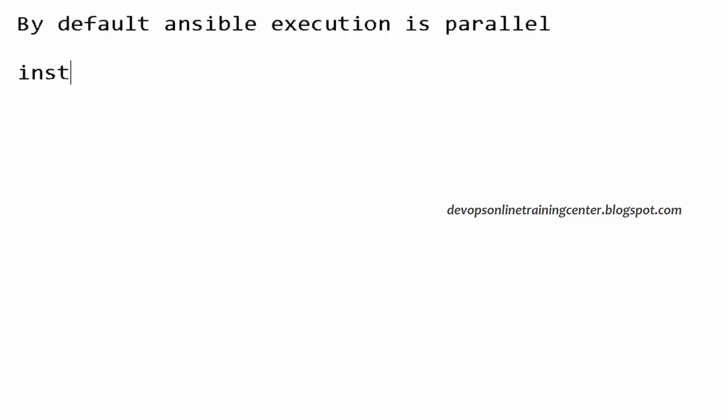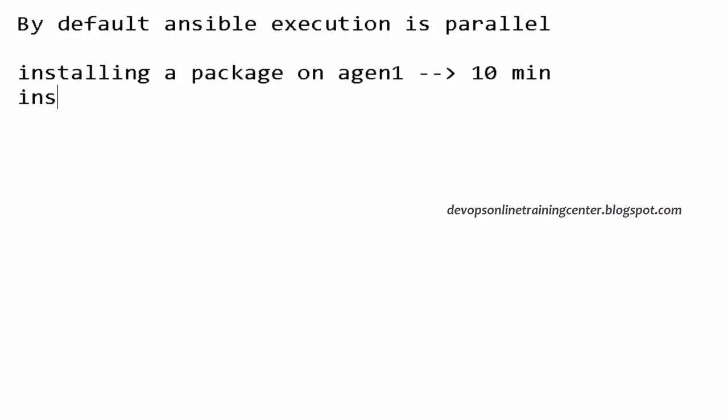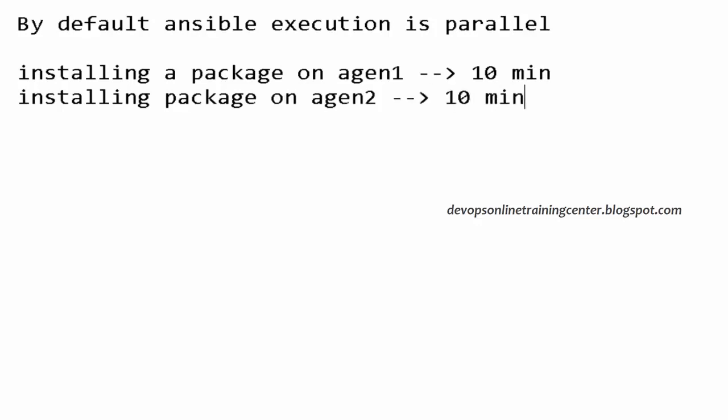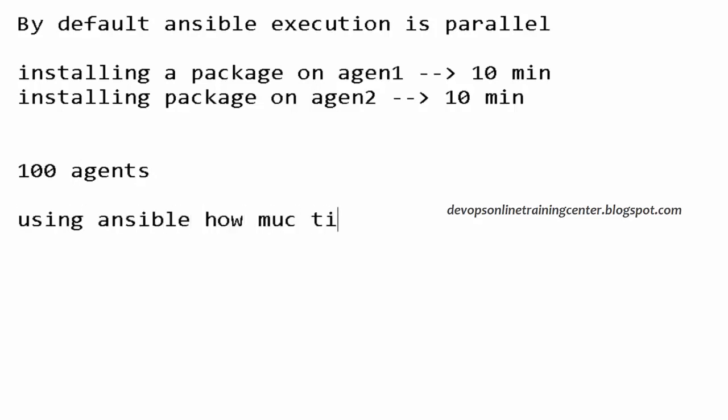Let us say installing a package on agent 1 takes 10 minutes, and installing the same package on agent 2 again takes 10 minutes. Let us say I have 100 agents like this. Using Ansible, how much time does it take to update all machines?